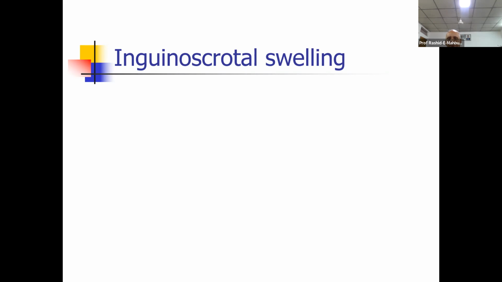In the female, definitely you can go another way. The cough reflex: if you press the internal ring of the inguinal canal and the patient coughs, and it comes onto the thumb, then you can say it is just a herniation, an inguinal swelling, not inguinoscrotal. If it is felt on the tip of the finger, then you can say it goes down into the scrotum.